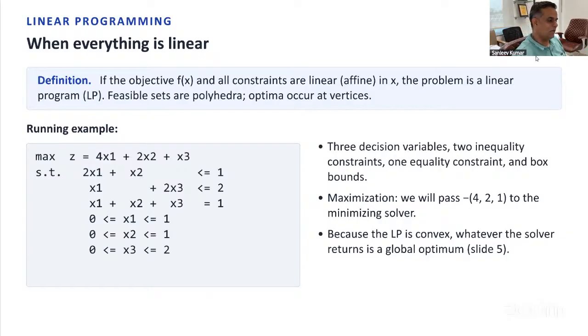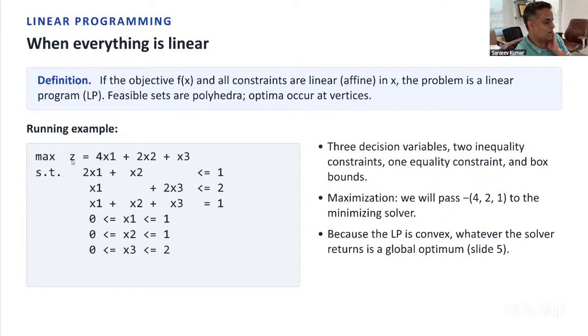So for a linear programming problem, my objective function will be linear, that is affine in x, and constraints will also be linear. And constraints can be of both types, inequality constraints as well as equality constraints. And then we will have some bounds on decision variables. So for example, this is an example of an LPP where I have the objective function.